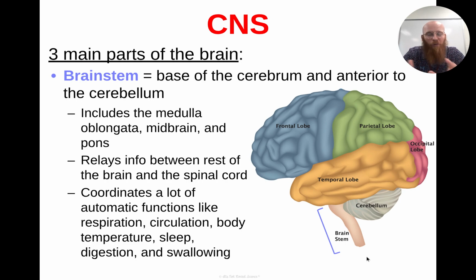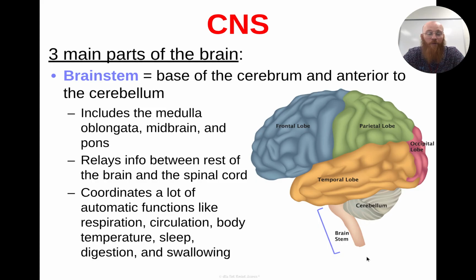The brainstem generally is responsible for relaying info between the rest of the brain and down into the spinal cord. So anywhere above, the cerebrum and the cerebellum, the brainstem is that connection between the decision-making portions of the brain and the spinal cord where we can then transmit those decisions, those outputs, and deliver them elsewhere.